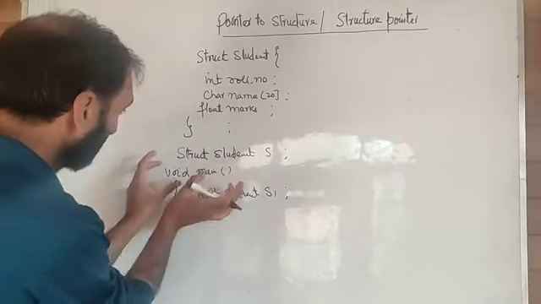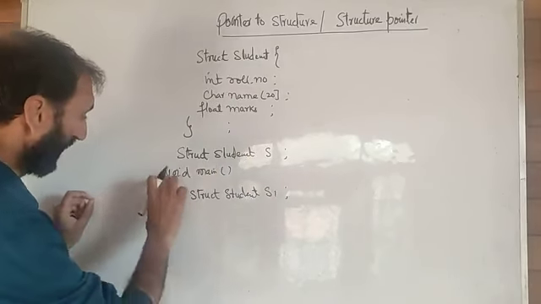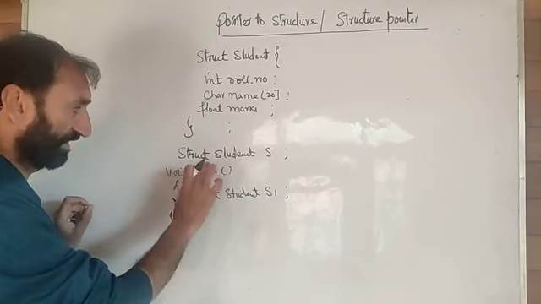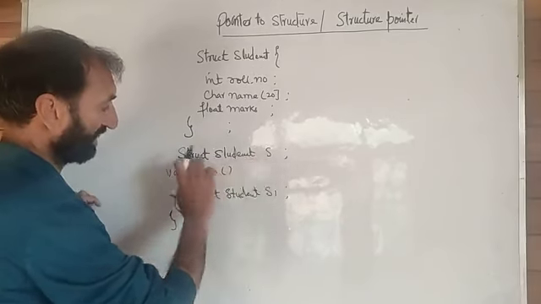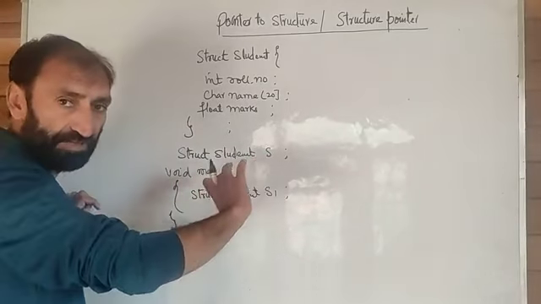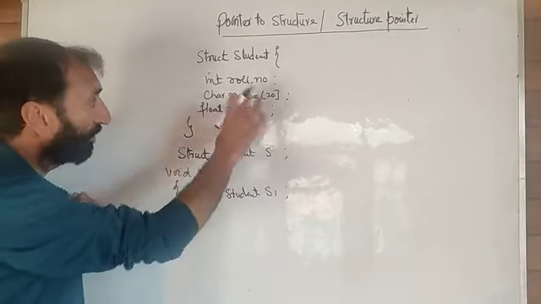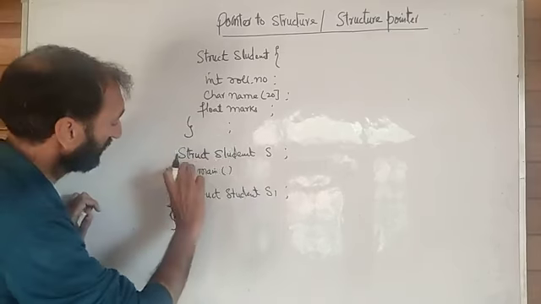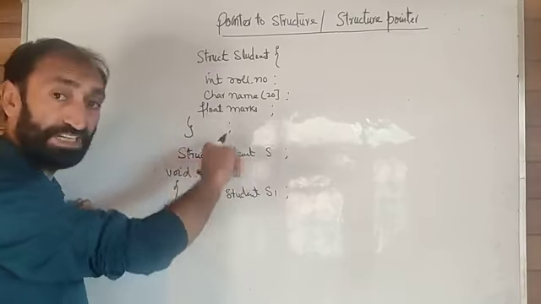Whenever we declare the structure variables outside this main function, it is global in nature. Here I have declared this S. Here S is the structure variable, or you can say it is the object of struct student, because struct student is the data type.